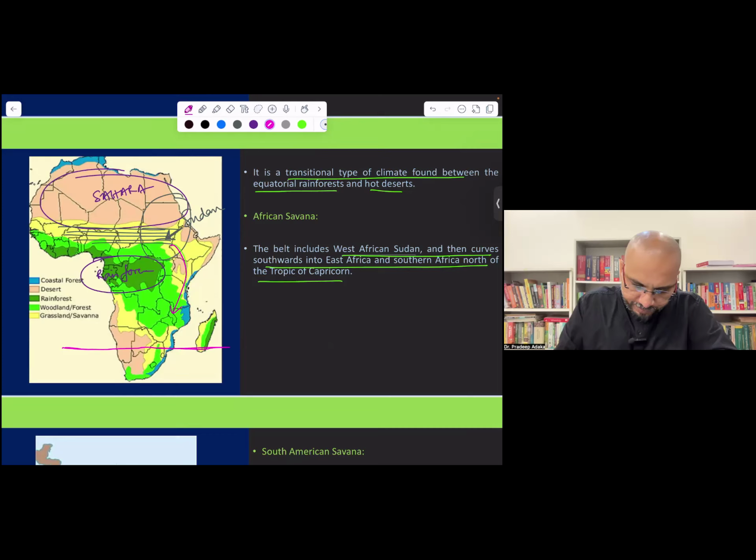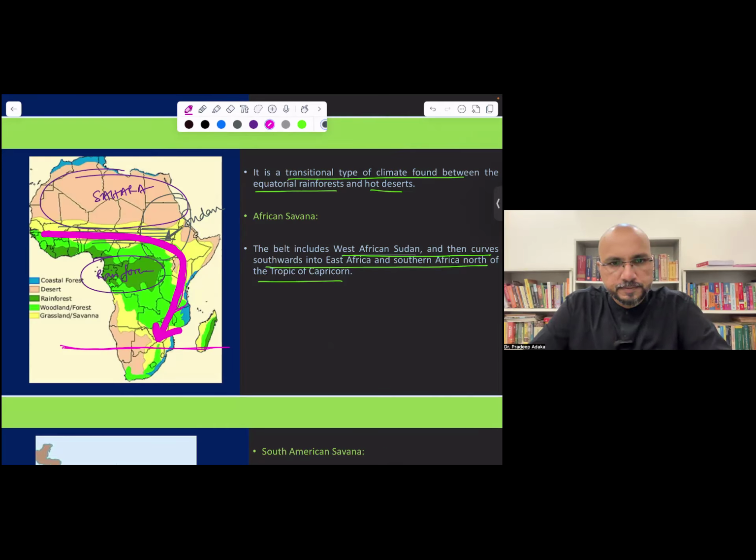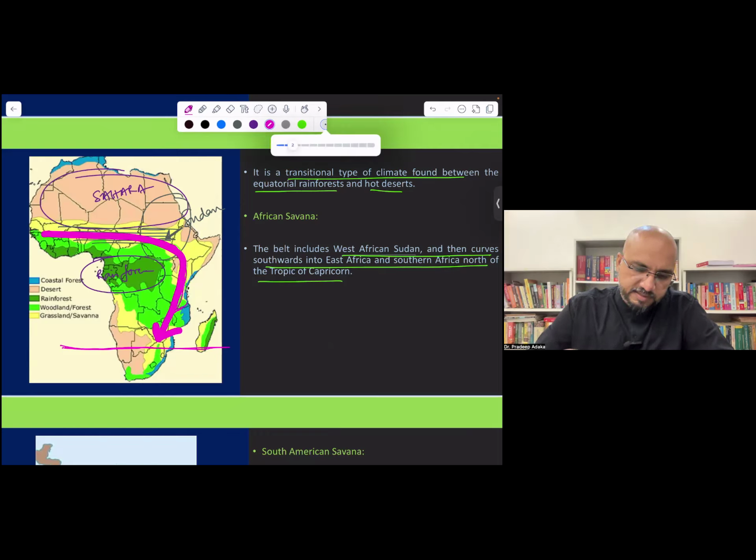This is your Tropic of Capricorn. So from West Africa, it will bend and cover. So it goes like this. So this is the African savanna.